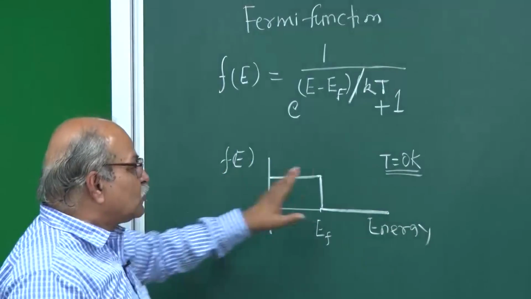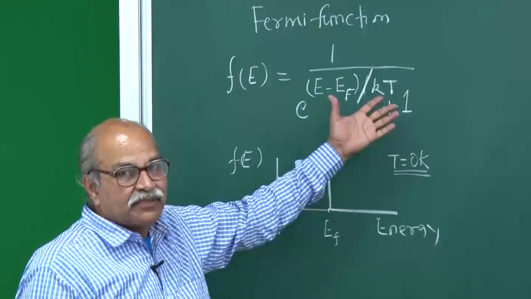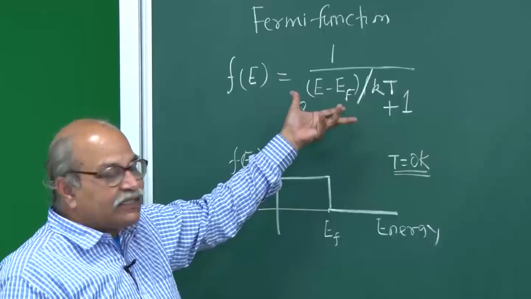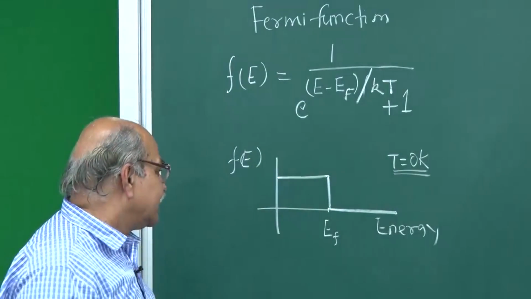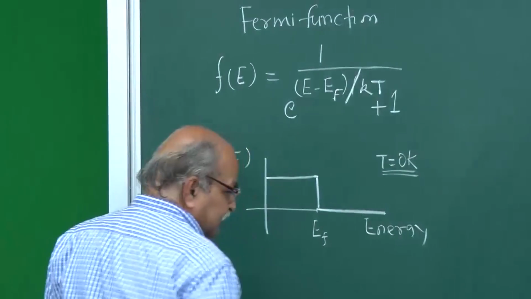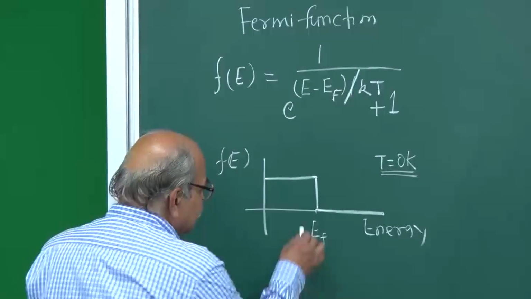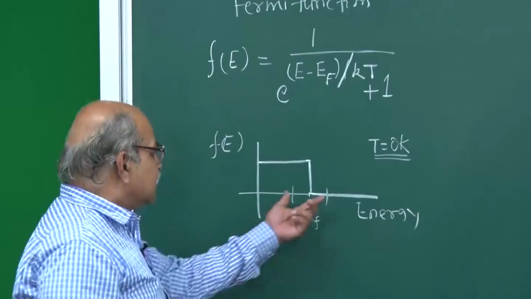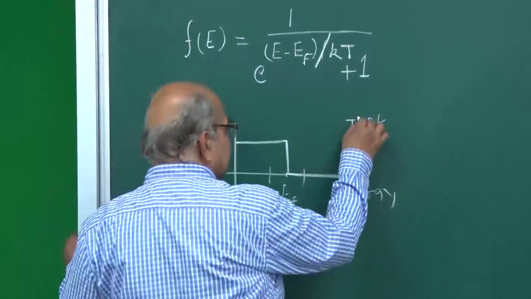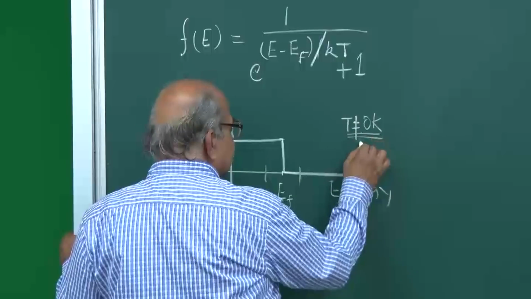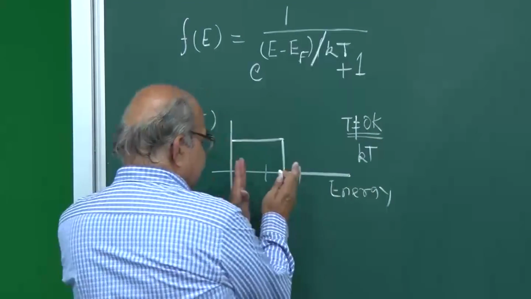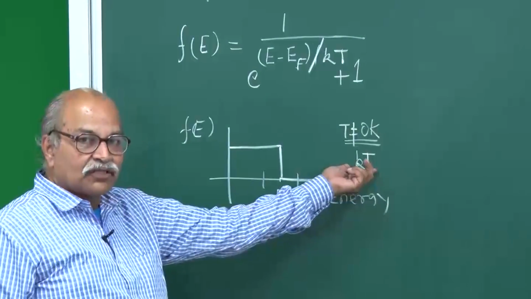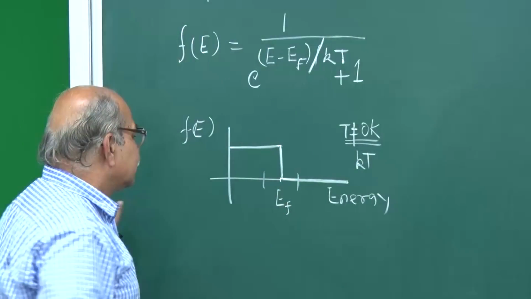What happens if you go to a higher temperature, some other temperature, 300 K, room temperature? Then this function is definitely changed, but the change is in a very small region close to this EF, say a few kTs. So if this T is not equal to 0, you have to see how much is kT on this scale, and only in this order of energy width do the things change.